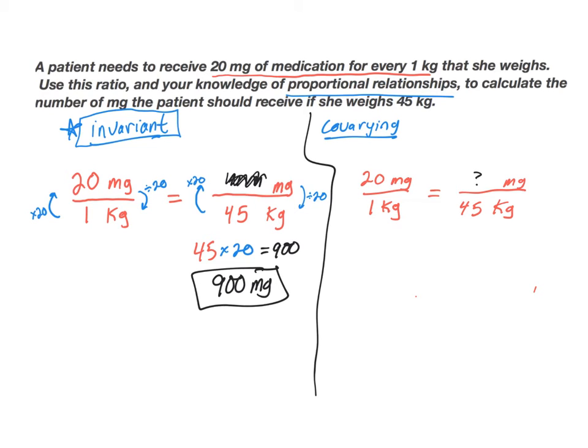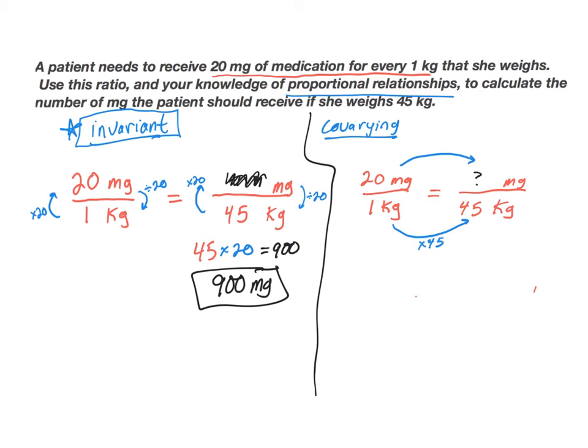What I know about equivalent ratios is there needs to be the same multiplicative factor across the ratio. So if I look here, 1 kilogram going over to 45 kilograms, it looks like I'm multiplying 1 times 45 to get 45. I'm looking for that multiplicative factor. And I know if these ratios are equivalent, that same factor needs to hold for the number of milligrams.